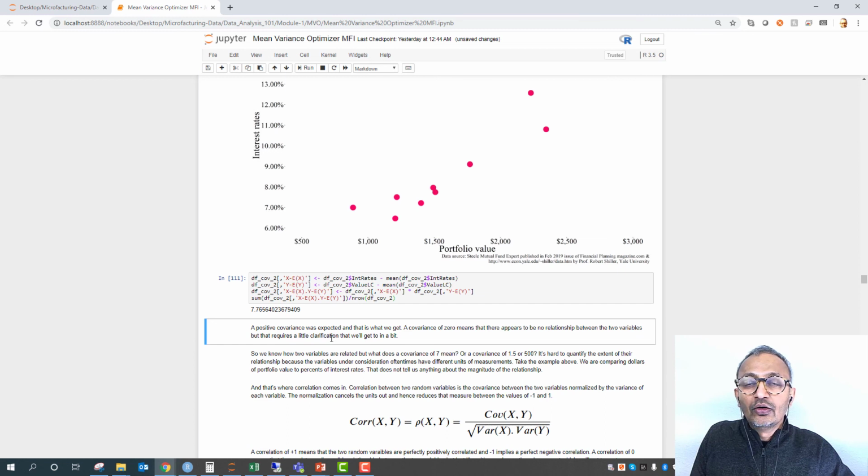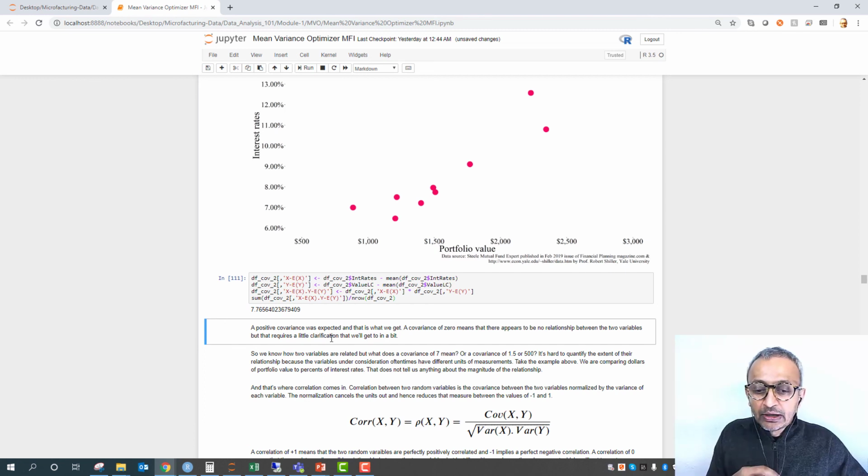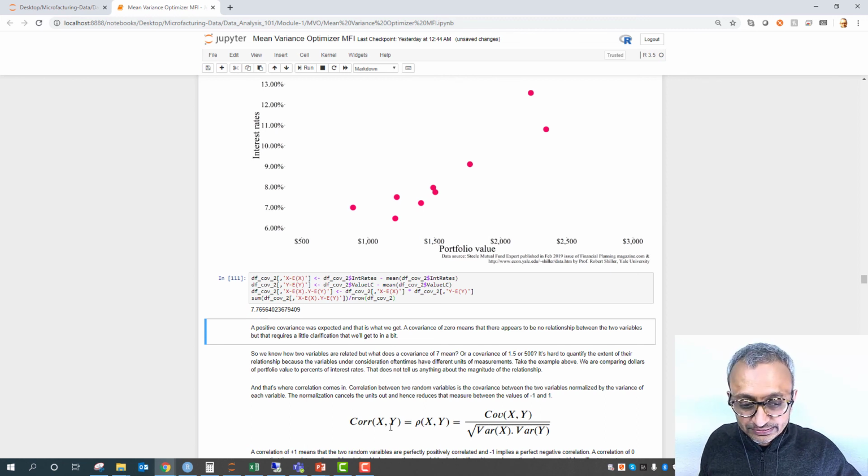For example, on one hand we are looking at interest rates, which are in percents, and the portfolio value, which is in dollar terms. So you're comparing two different things with not the same units of measure. So how do we get any sense out of this 7.7 number, or 300 number, or 500 number? And that's when we start looking into correlation.